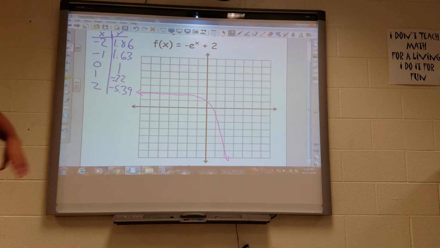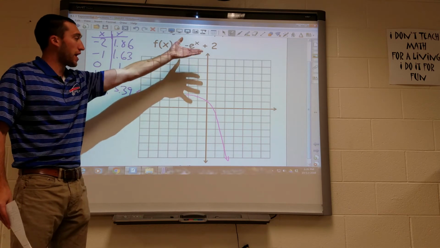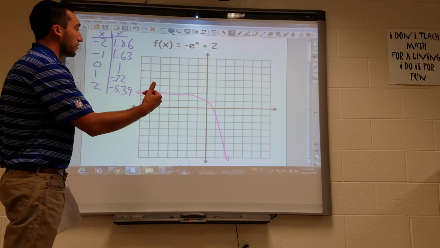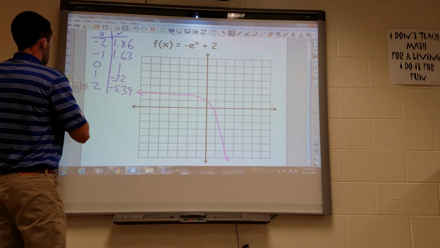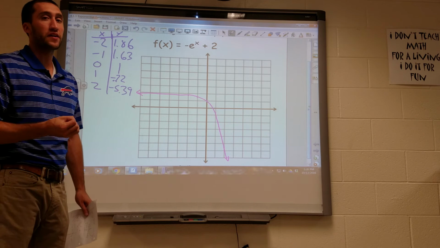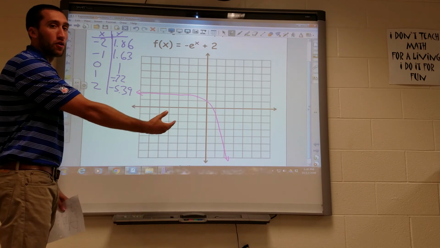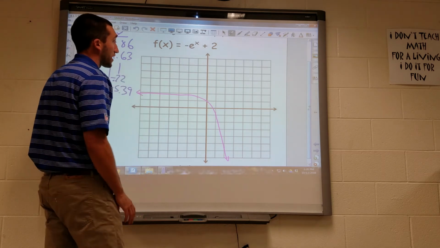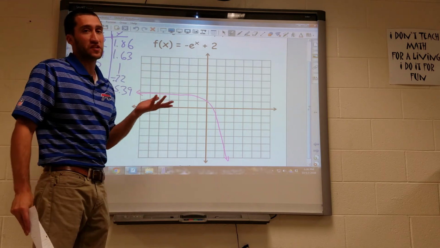Okay, so we can see, because I took the negative, I flipped it over the x-axis, and a typical e graph is going to look very similar to just our regular old exponential graph, because basically e is just a constant.